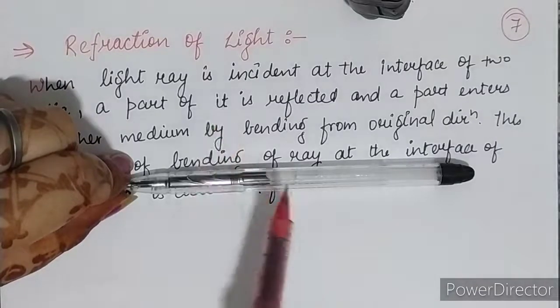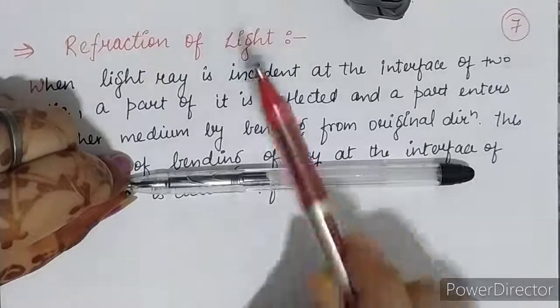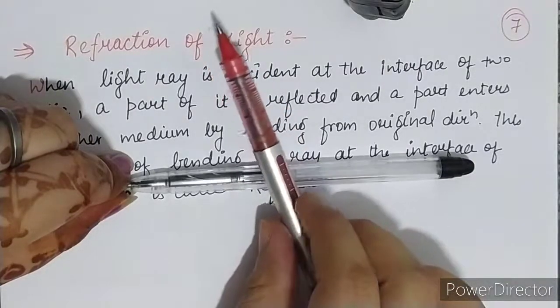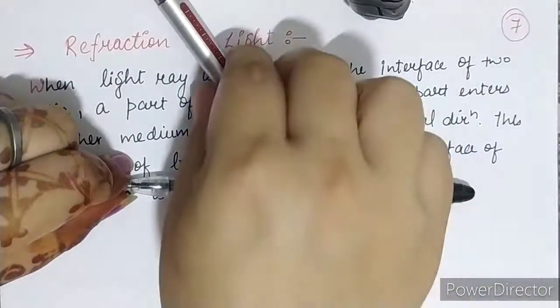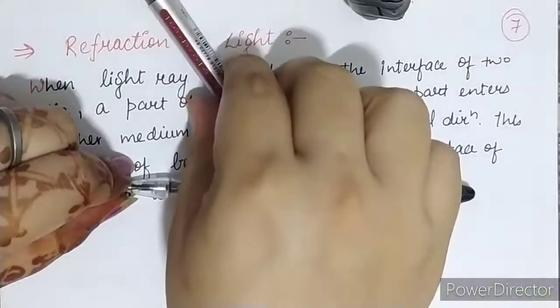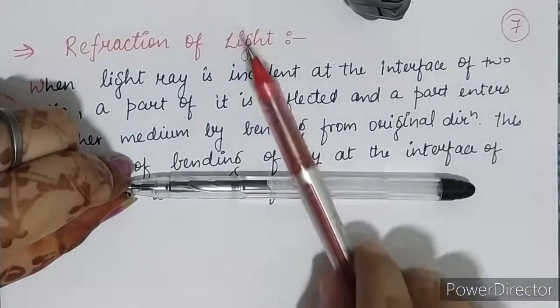When it enters the other medium, it is always deviated from its path. It is coming like this, but after refraction it goes like this. If refraction had not taken place, it would continue in the same way.